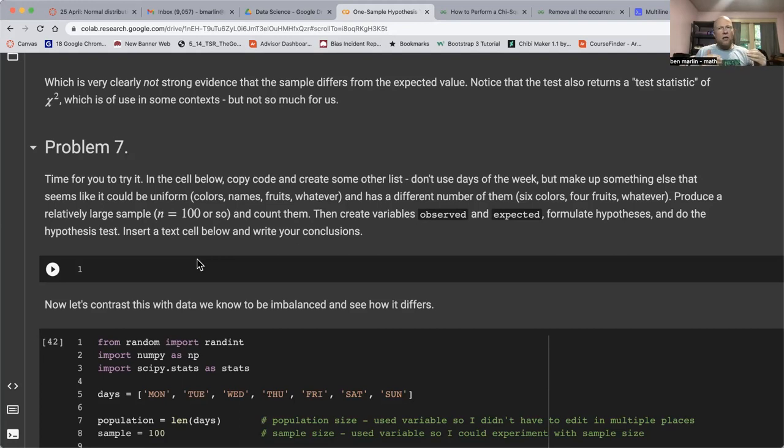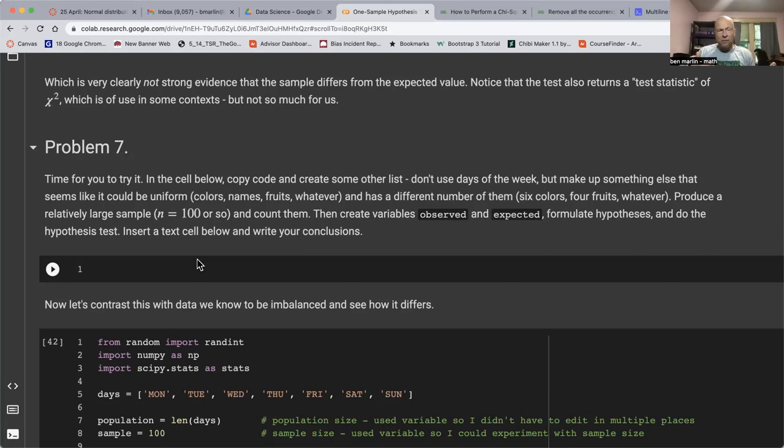But get them to run in a single cell so that you get your p-value printed out, and then go back up and change from your list of days of the week to some other list. And then run it to see that it's going to work. And then play around with that n value.